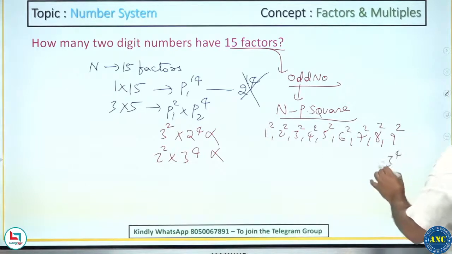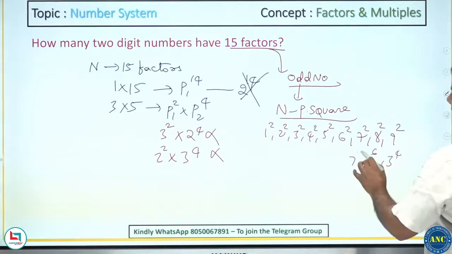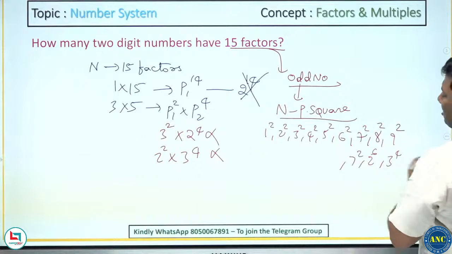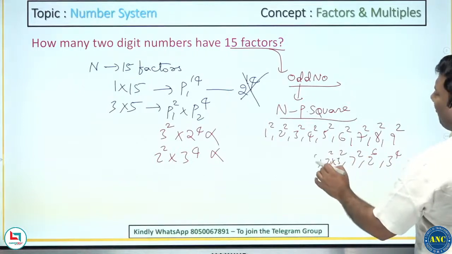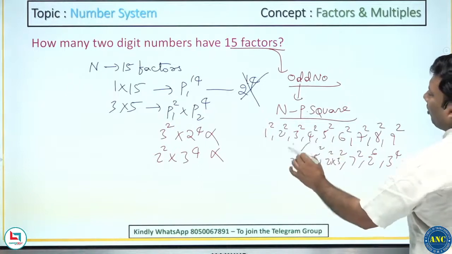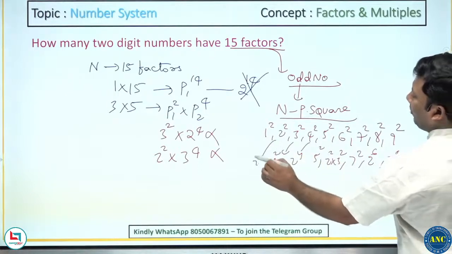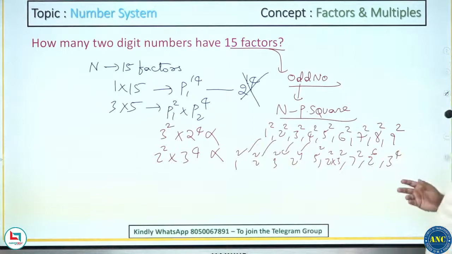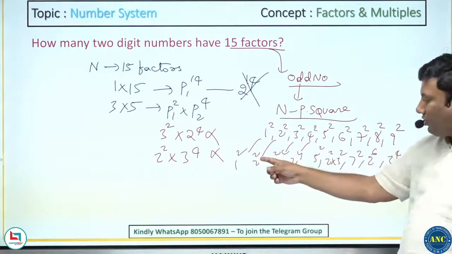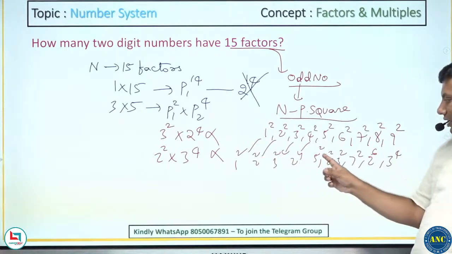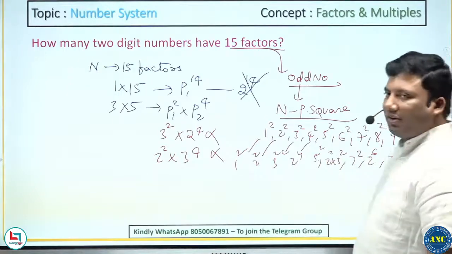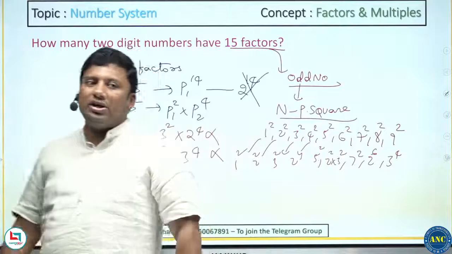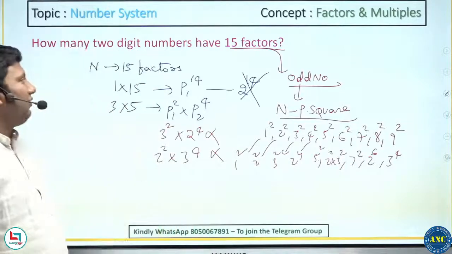These are 3 power 4, these 2 power 6, 7 square, 6 square is 2 square into 3 square, 5 square, 2 power 4, 3 square, 2 square, 1. Anywhere I got 15 factors? 3 factors, 3 factors, 5 factors, 3 factors, 9 factors, 3 factors, 7 factors, 5 factors. There is no 2-digit number which has got 15 factors.